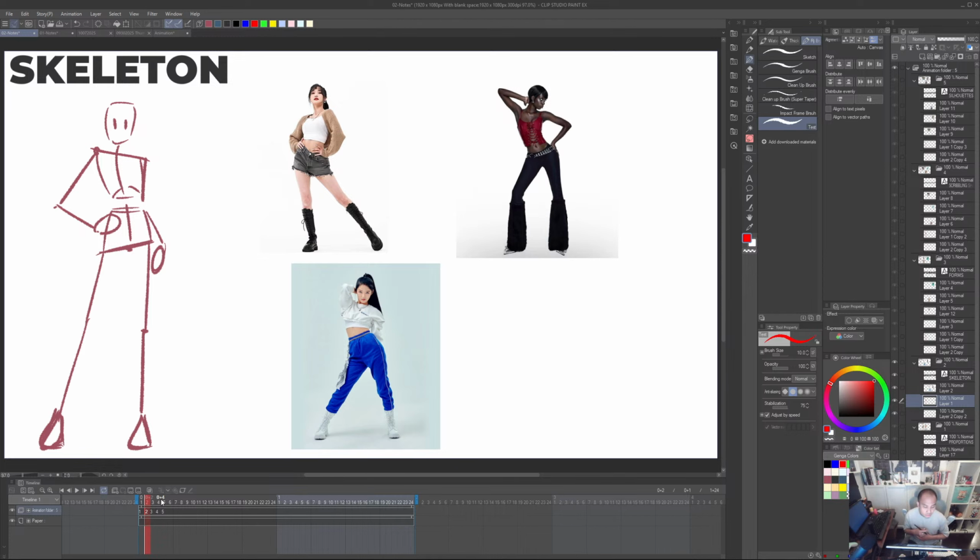The skeleton is basically one of the most simple that you can do, and this is probably level 1, right?